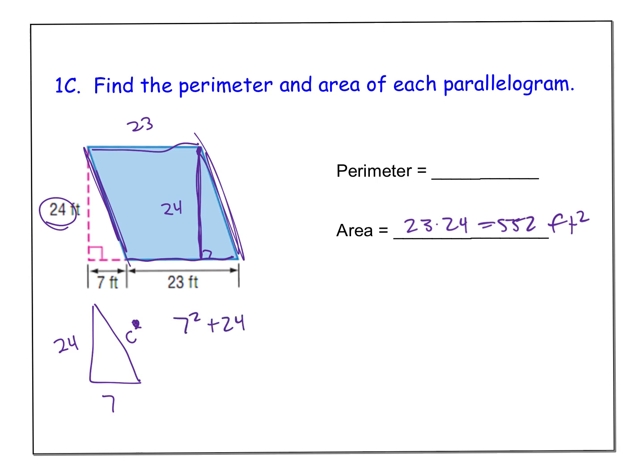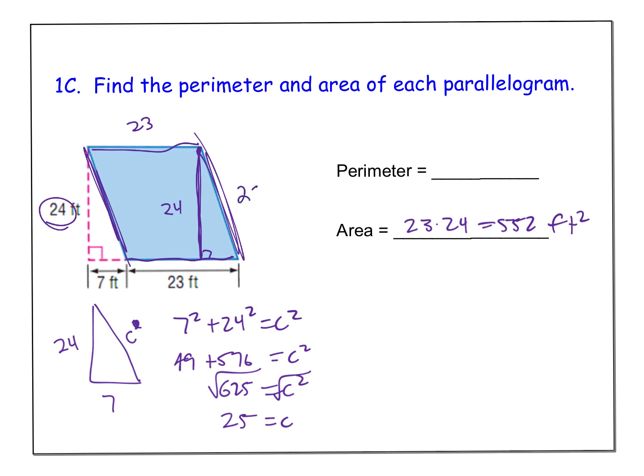I'm going to go a squared plus b squared equals c squared. 24 squared is 576. So that's going to give me 625. And if I square root that, that's going to give me 25.